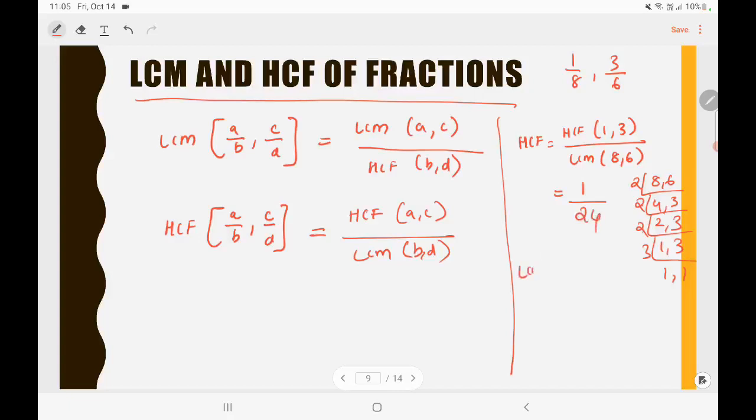Then LCM is equal to LCM of 1, 3 divided by HCF of 8, 6. So lowest common multiple of 1 and 3 will be 3, and highest common factor of 8 and 6 will be 2. So this is how you find out the HCF and LCM of two fractions.